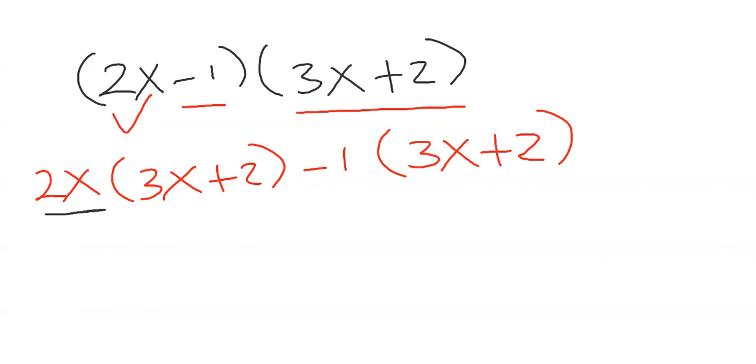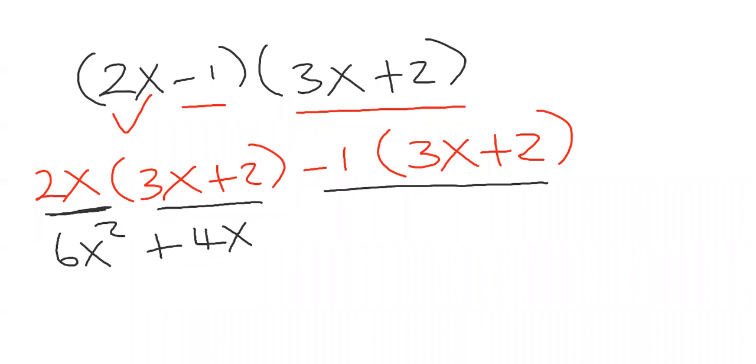We know that the 2x here multiplies everything that is this side, which means we now have 2x multiplied by 3x, and that gives us 6x squared, plus 2x multiplied by 2, it gives us 4x. Then we go this side, we have a negative 1 multiplied by 3x, that gives us negative 3x. Then we have a negative 1 multiplying the 2, it gives us a negative 2.